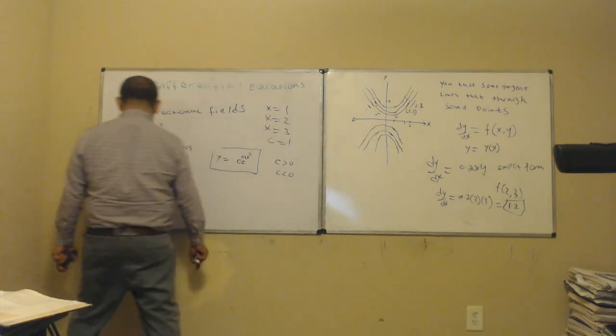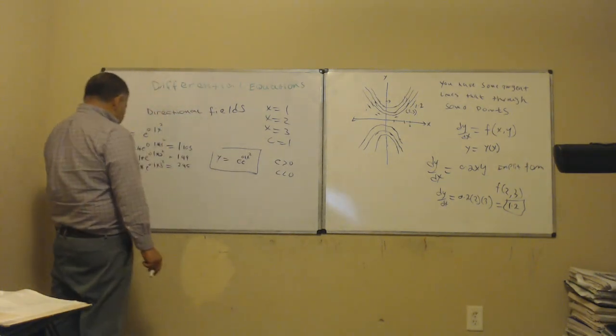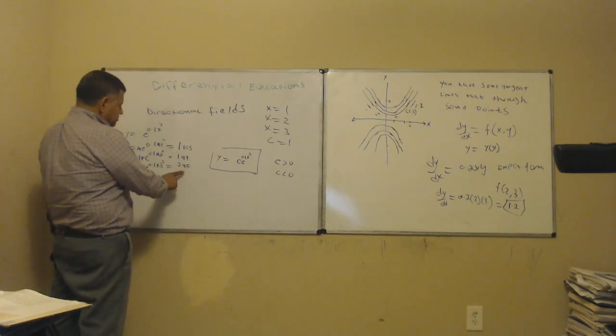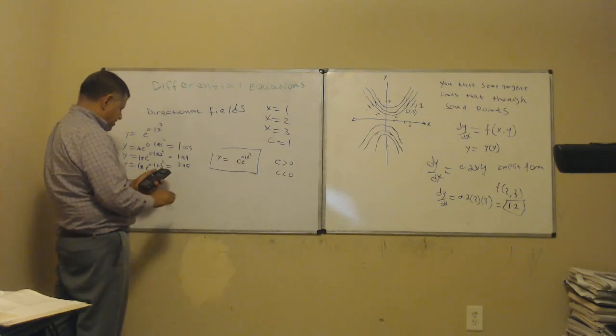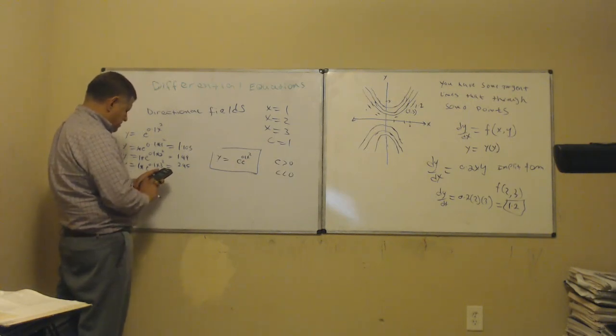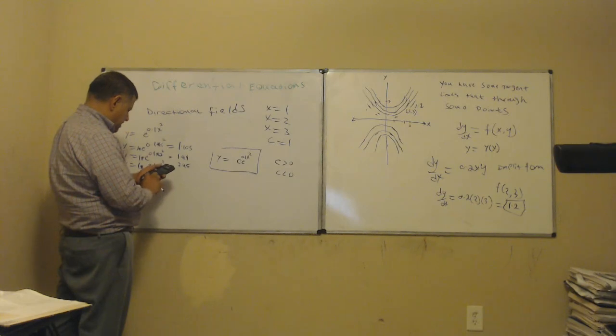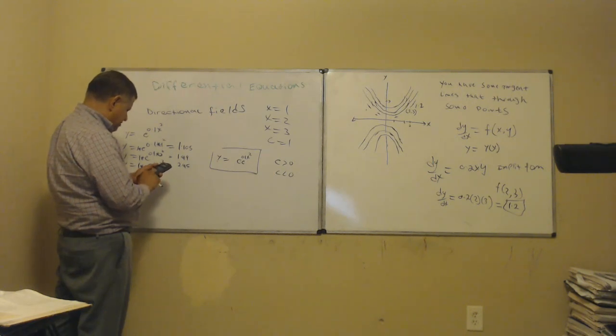So let's say, for example, that e to the 0.1 times a negative 1 squared, right?